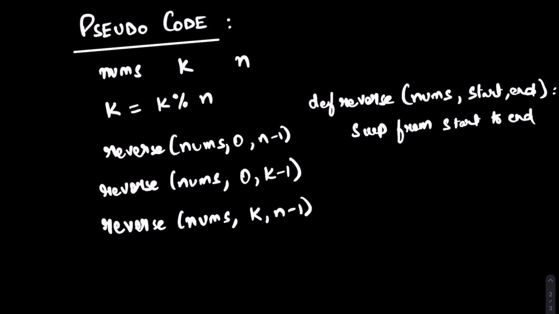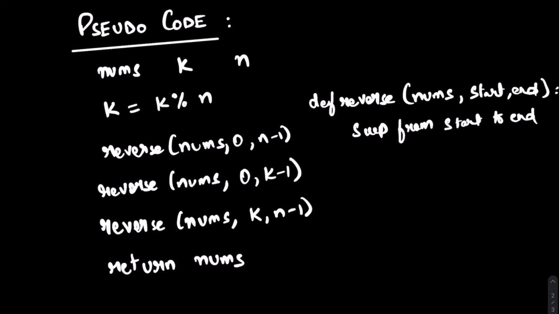And then we can just return the result nums, which would be the rotated list. In this code, you observe that we're not returning anything from reverse because when we pass a list, it's passed by reference, and whatever modifications are made to the list are done in place, and the nums array has that.